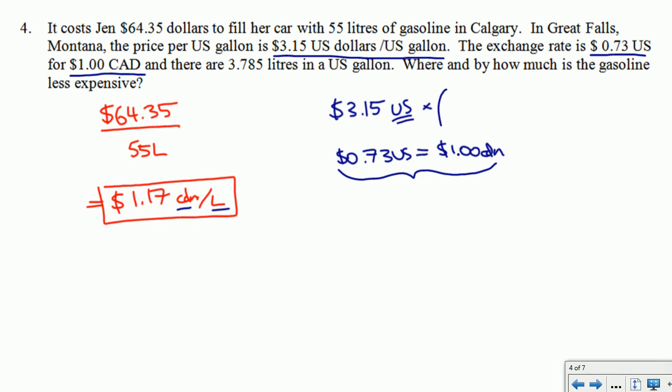So I'm going to multiply 3.15 US by these numbers, and I'm going to arrange it so that US dollars cancels out, and we're left with Canadian dollars. So we know $1 Canadian, and this is 73 cents US. So when we do this multiplication, US divided by US is 1, and we're left with Canadian dollars.